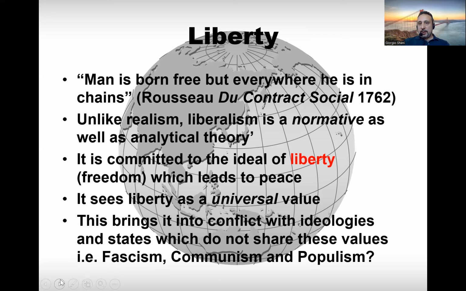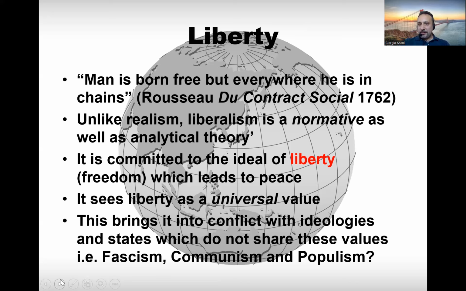Okay, so this, I hope, has introduced you in a nutshell, meaning in short, to the principal concern of liberalism, liberty, and its contradictions, which is it believes that liberty would lead to peace.